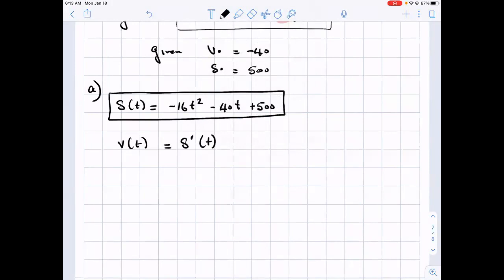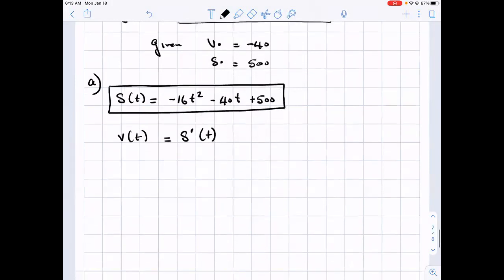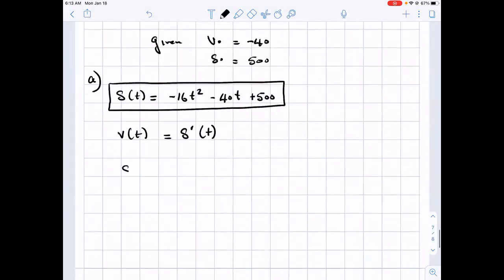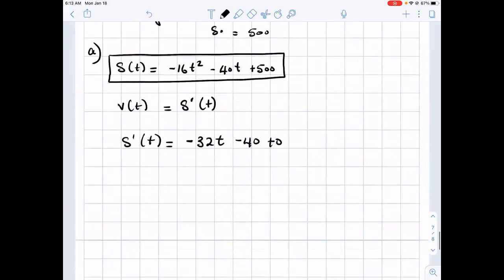If you're asked for the acceleration, it's the second derivative. So S prime of t would be minus 32t minus 40 plus 0. So S prime of t is minus 32t minus 40.